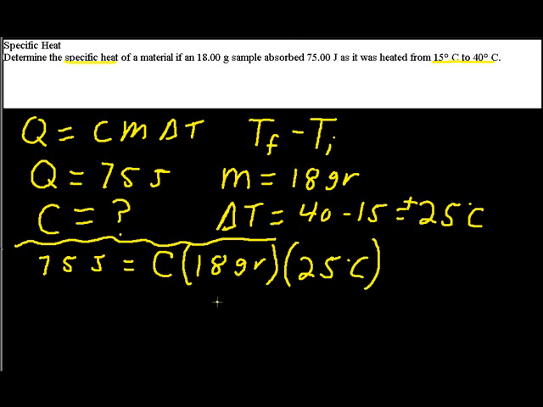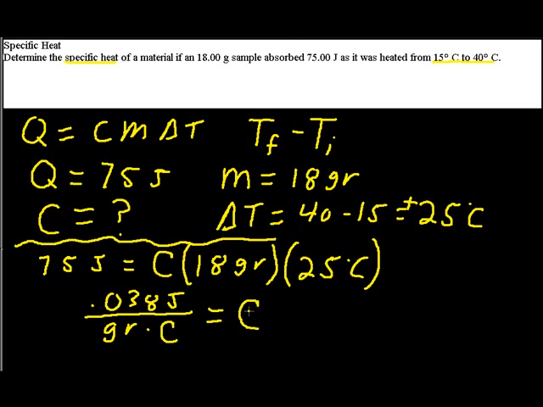Now when we do the algebra here, we come up with 0.038 joules per gram Celsius. That is C, which is the specific heat.